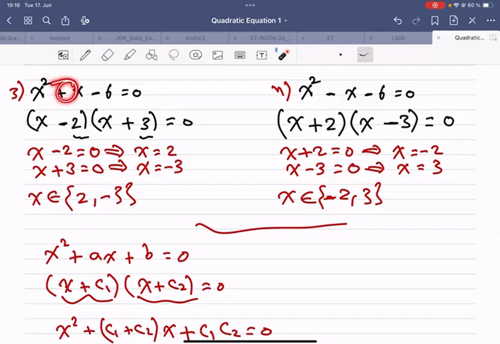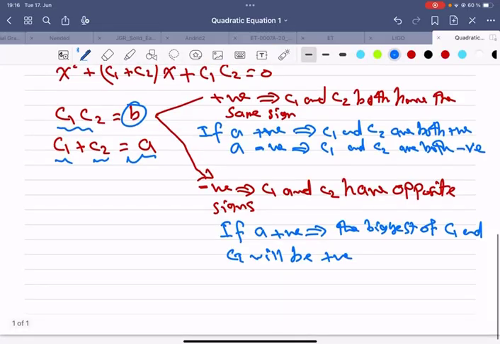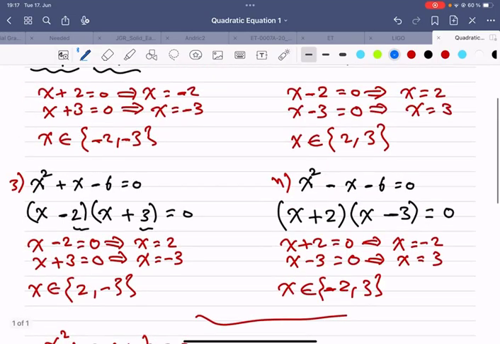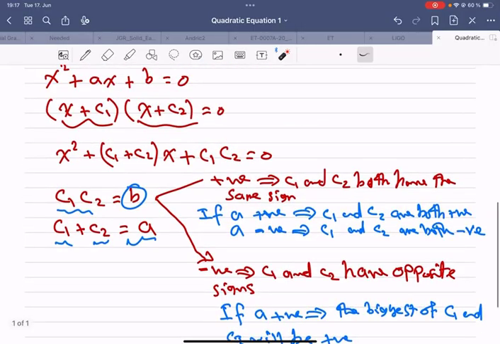It's like here, the biggest one is positive. And if a is negative, it means the biggest of c1 and c2 will be negative. And it's like here. So this is the conclusion.